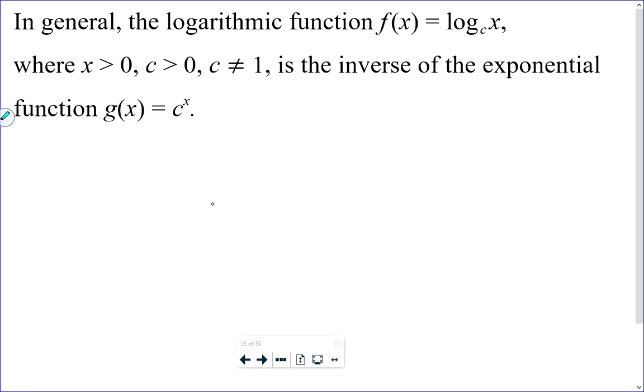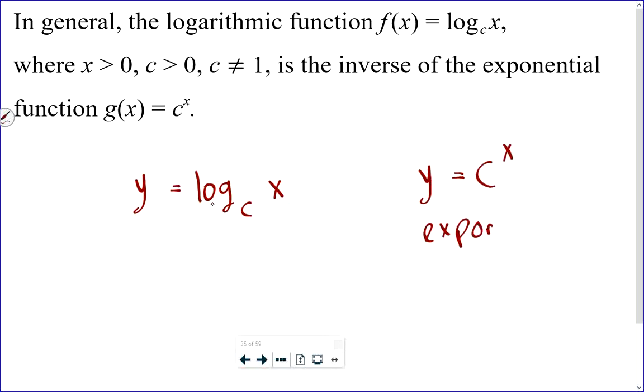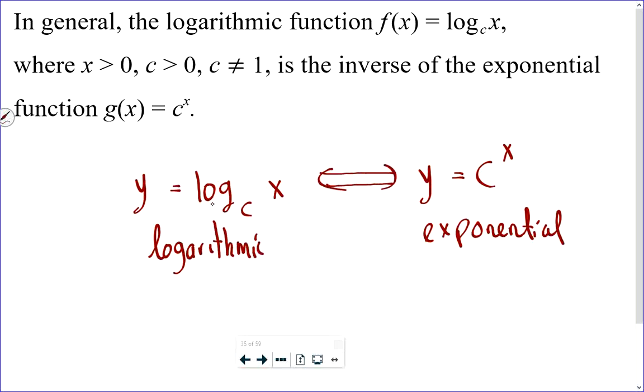Now we have to deal with the details. And at the end of all this, if you don't understand all of the subtleties, that's okay. But this is a 30-level course, and I need to explain them. Since y equals log base c of x came from y equals c raised to the x, this would be an exponential, and this is a logarithmic function, and these are inverses of each other.